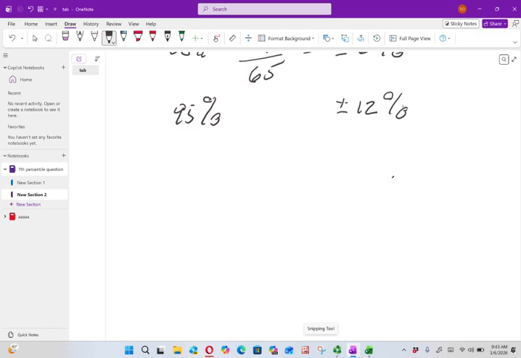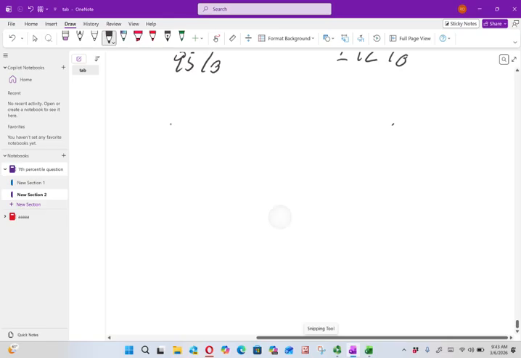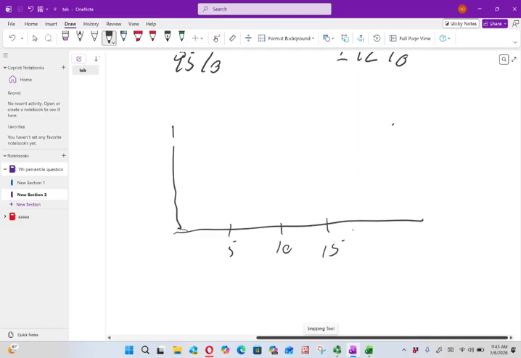Then go back here to this one. At the bottom, it shows the percent margin of error. Find 12 on that scale. Five, 10, 15, 20. I want 12 on the scale.